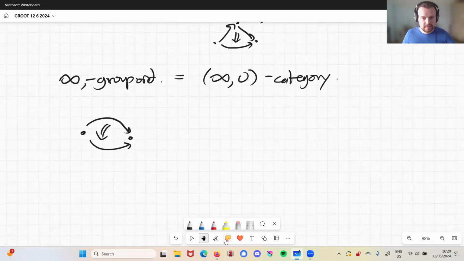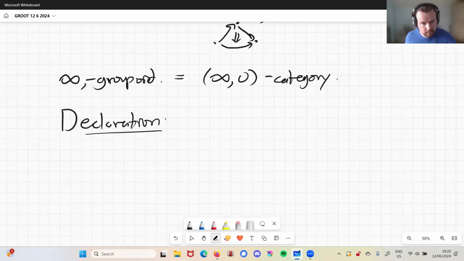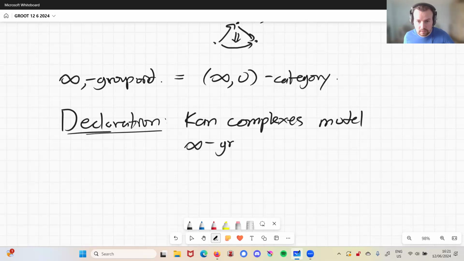What I'll say to that end is a declaration. Kahn complexes, implicitly replacing topological spaces with Kahn complexes here, model infinity groupoids. And the reason that I say declaration is because in some models of infinity groupoid, this is a theorem.